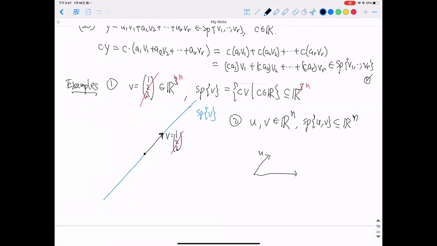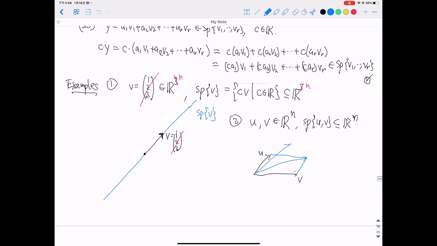As we've seen before, if you are to add two vectors, you'll be forming this parallelogram. But now what you're doing is adding various different multiples of u and v.